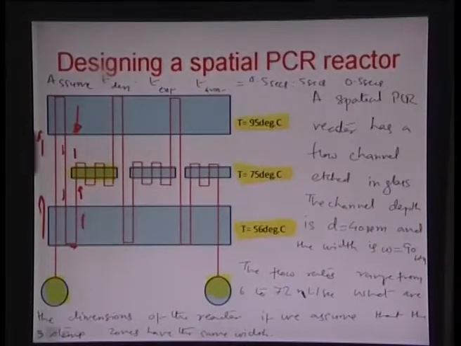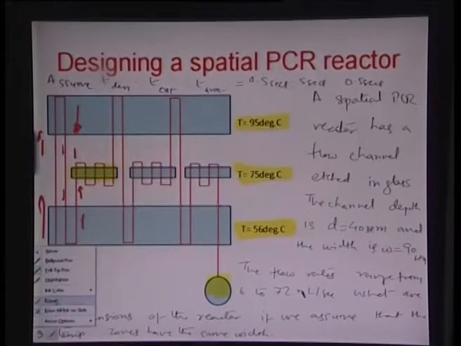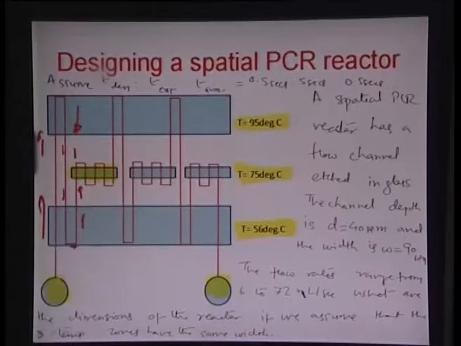So the assumptions that we have to make for solving this particular question is that the denaturation, extension and annealing times are in the ratio of 0.5 to 5 to 0.5 seconds respectively, and we also know that the spatial reactor has a flow channel etched in glass with a channel depth of about 40 microns.